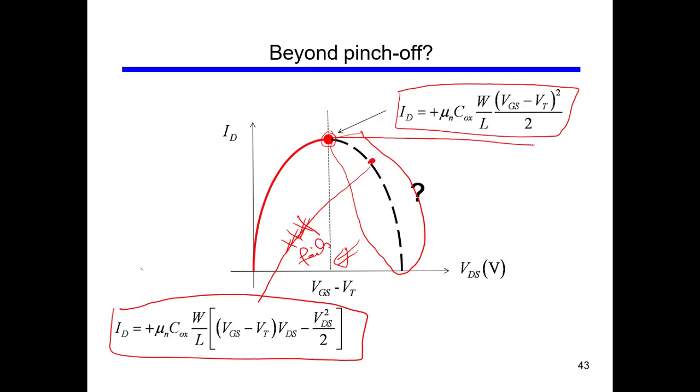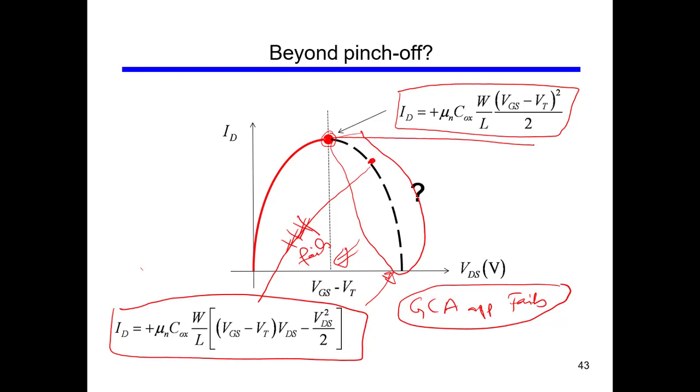However, the formula would follow this dotted line, but we know that the transistor saturates, so the gradual channel approximation that we considered while deriving this fails. So you have to remember the boundaries in which this formula is applicable.